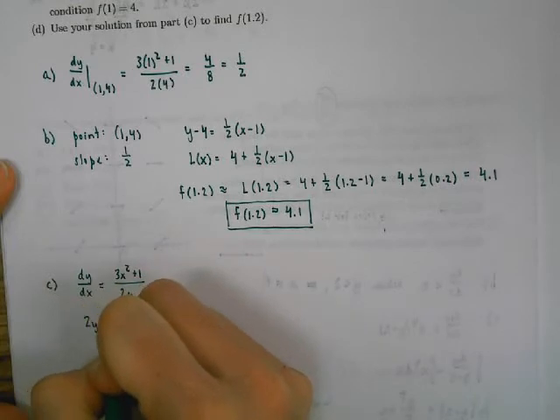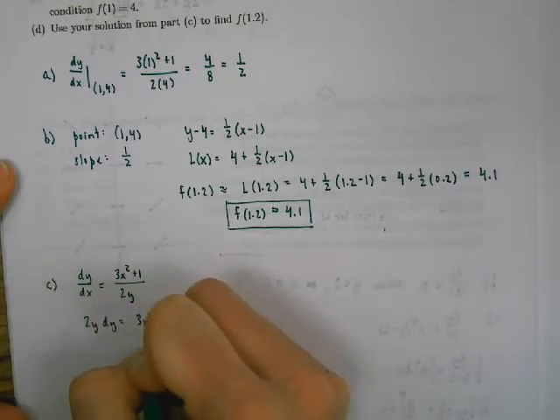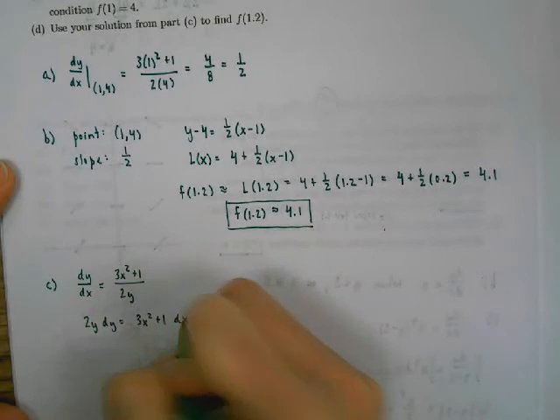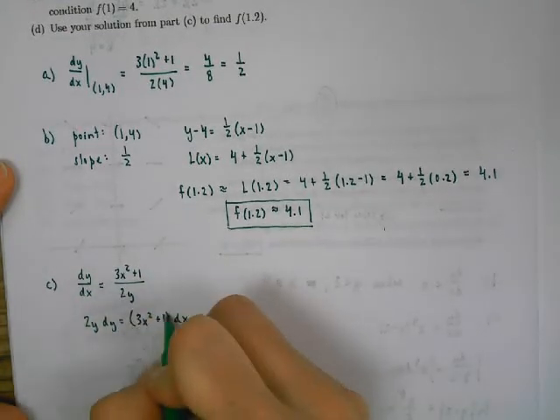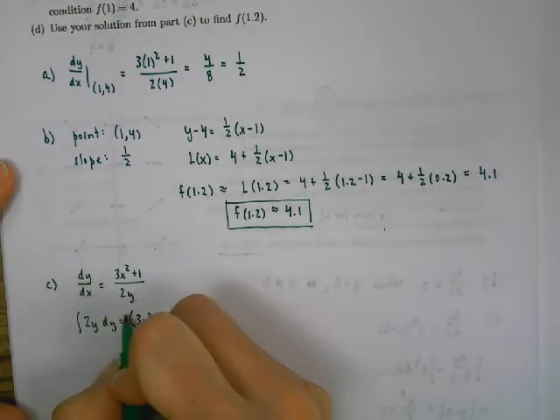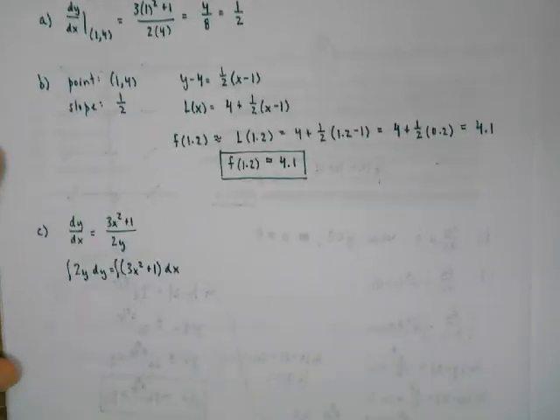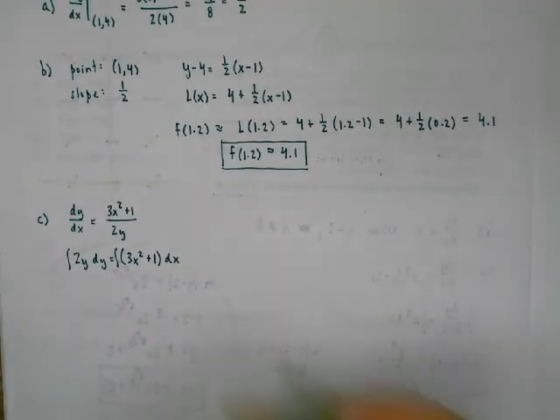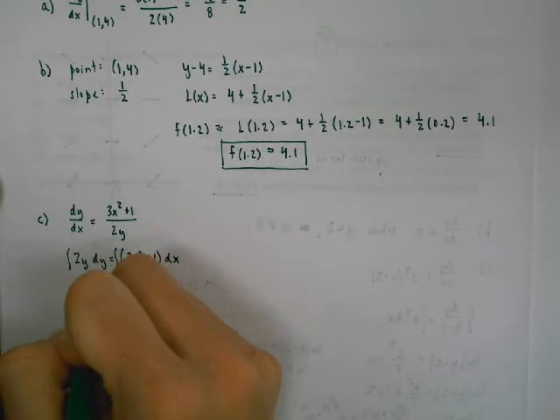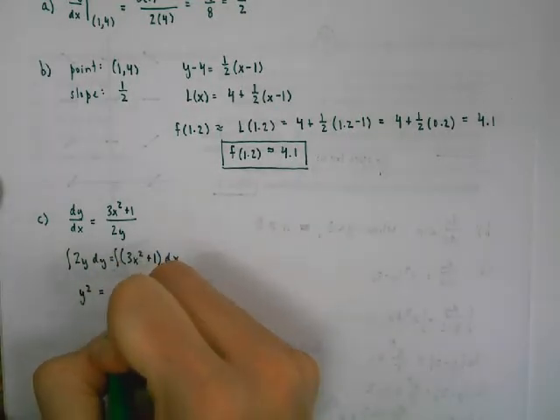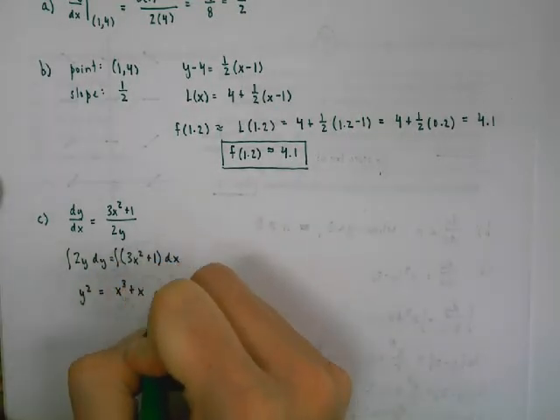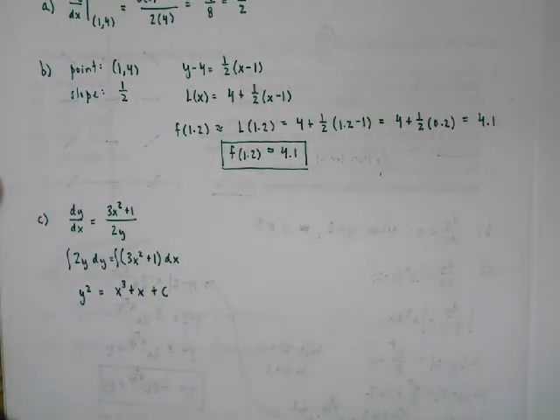So I have 2y dy equals (3x squared plus 1) dx. I'm going to integrate both sides, and luckily these are going to be nice and easy to work with. So the integral of 2y is y squared. Here I'm going to have x cubed plus x plus c.